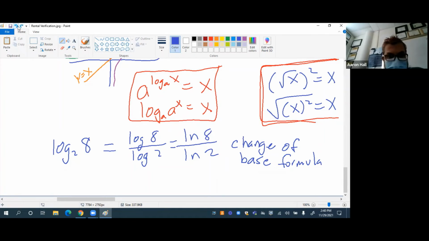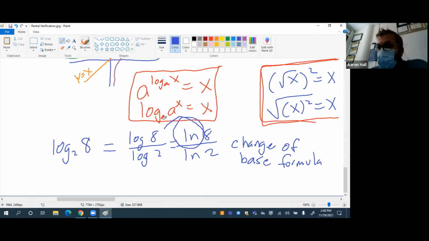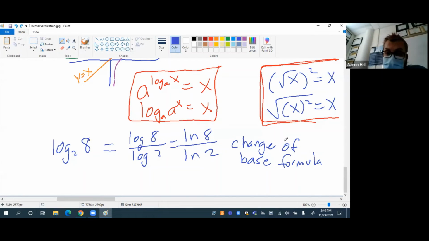What base is this? It's e. This is called the natural log. You can say ln if you want to, but it's the natural log. This is the natural log of 8, which is really the same thing as log base e of 8 over log base e of 2. Do you see that button in your calculator? It's the same as log base e.